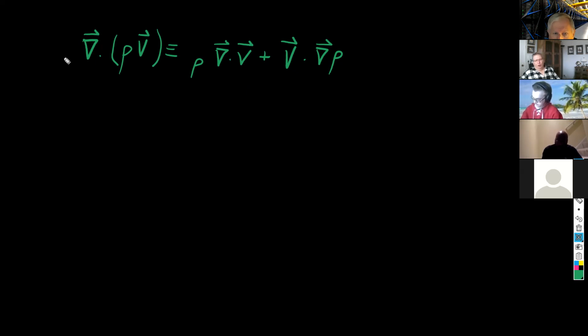Okay, so this is what we call an identity. It's a vector identity. Let's just prove that this identity is true. First of all, what is the left side?